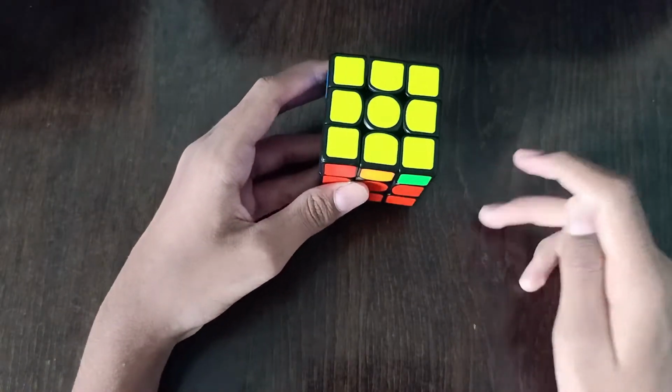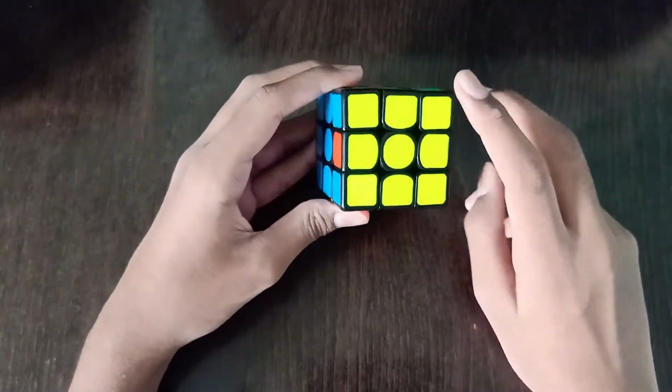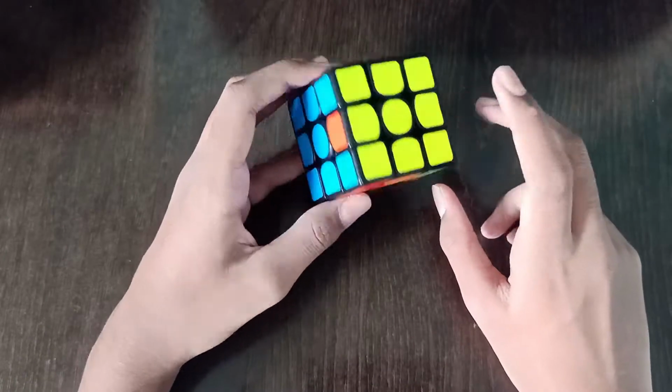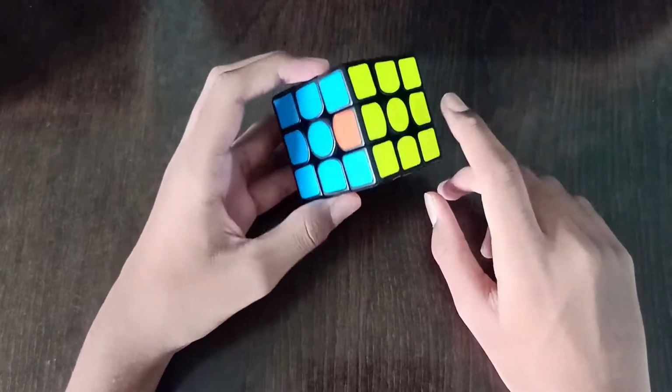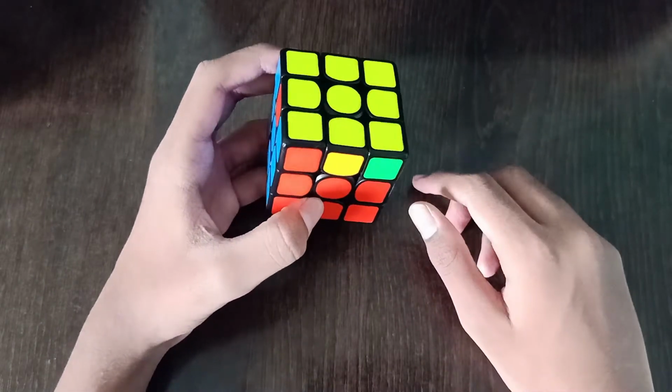Number 2, OLLs and PLLs from different angles. After fixing all your algorithms, you should learn OLLs and PLLs from different angles. Here is an example of a PLL, which is a G permutation.